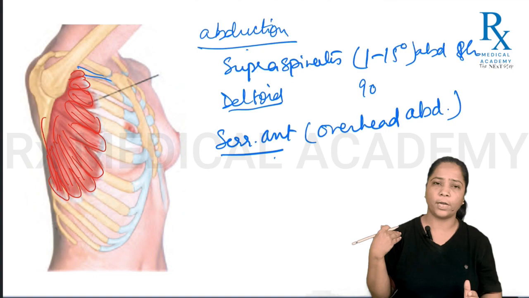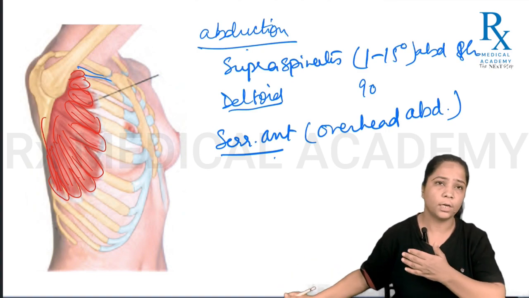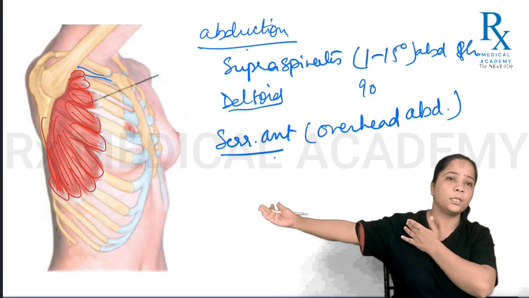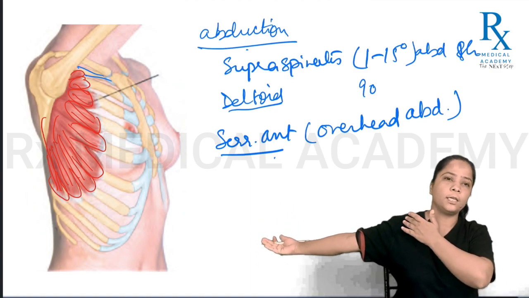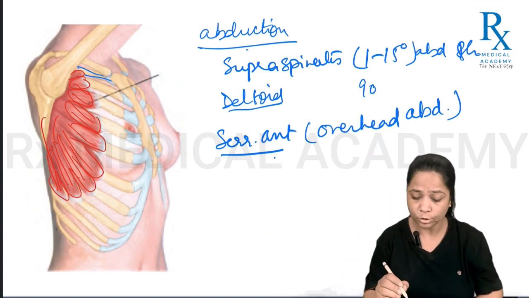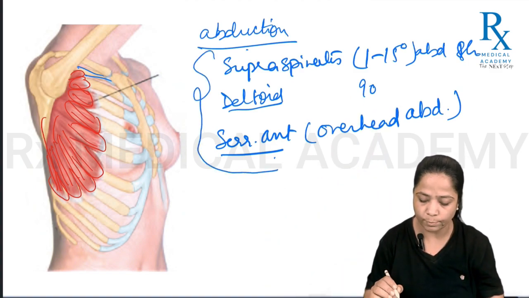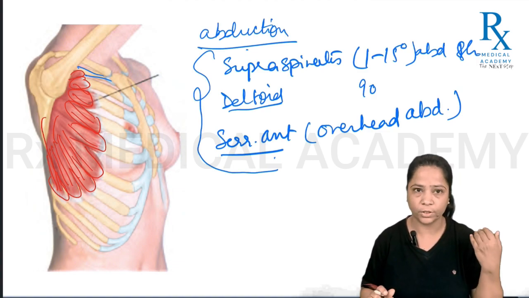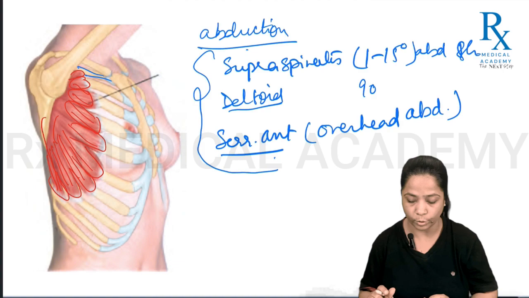You have to define how abduction is initiated, which muscle is responsible for abduction up to 90 degrees, then overhead abduction is done by serratus anterior. So you have to remember these three muscles whenever you describe abduction at the shoulder joint.